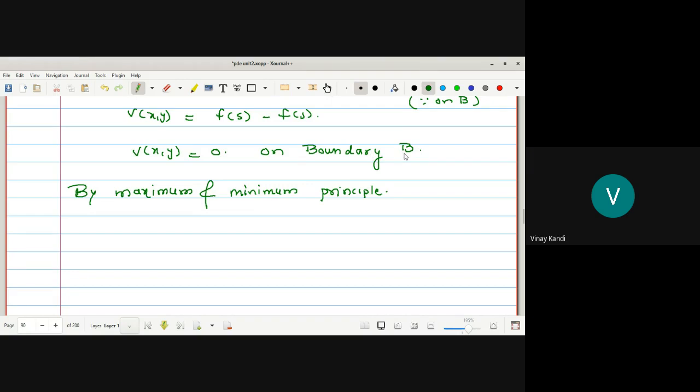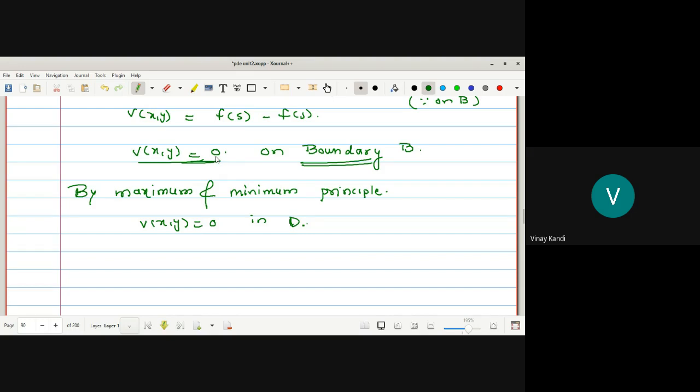So by the maximum and minimum principle, we have v of xy equal to 0 on the boundary. If the value on the boundary is 0, what happens? v of xy is equal to 0 inside the region D also. Do you understand? On the boundary the greatest value is 0, so the value can't be anything less, there cannot be a negative value of v of xy.